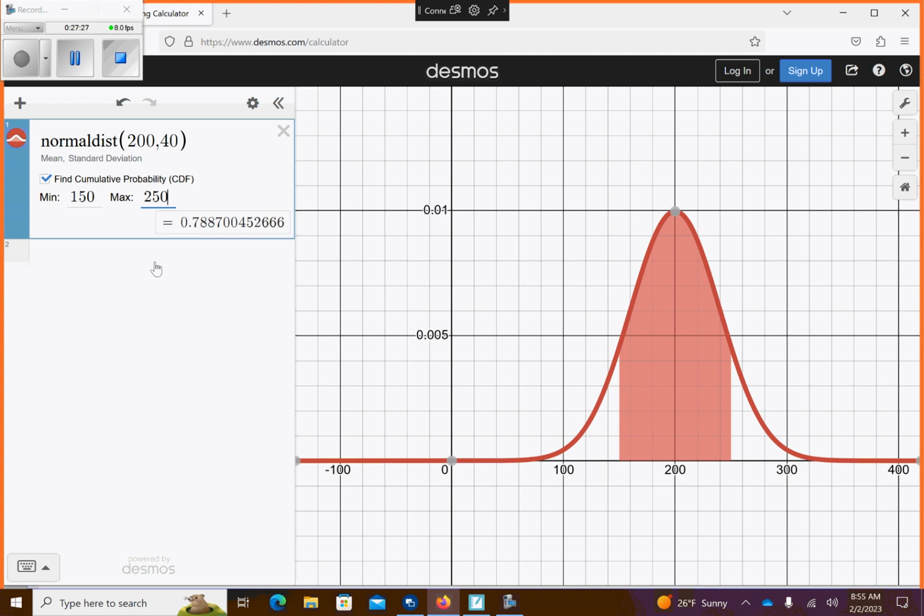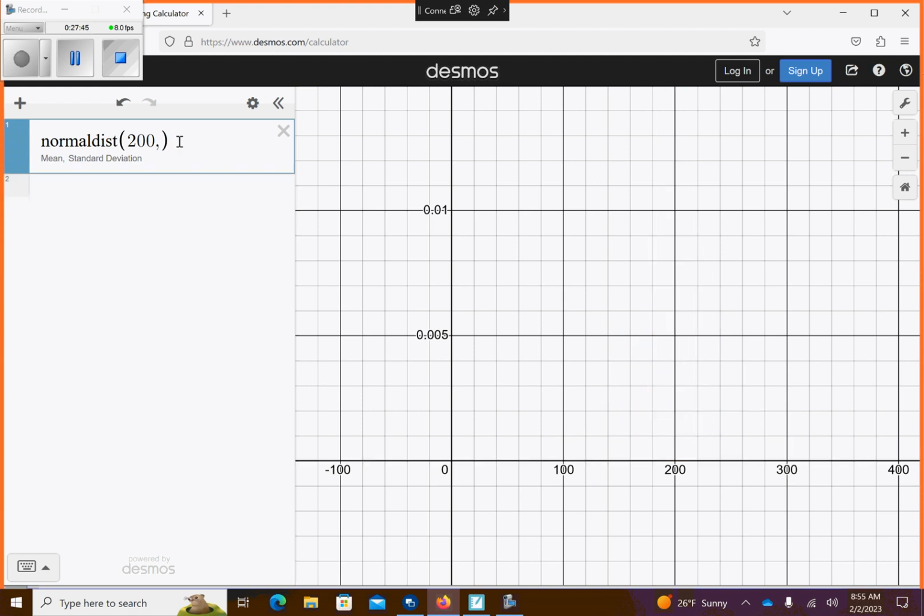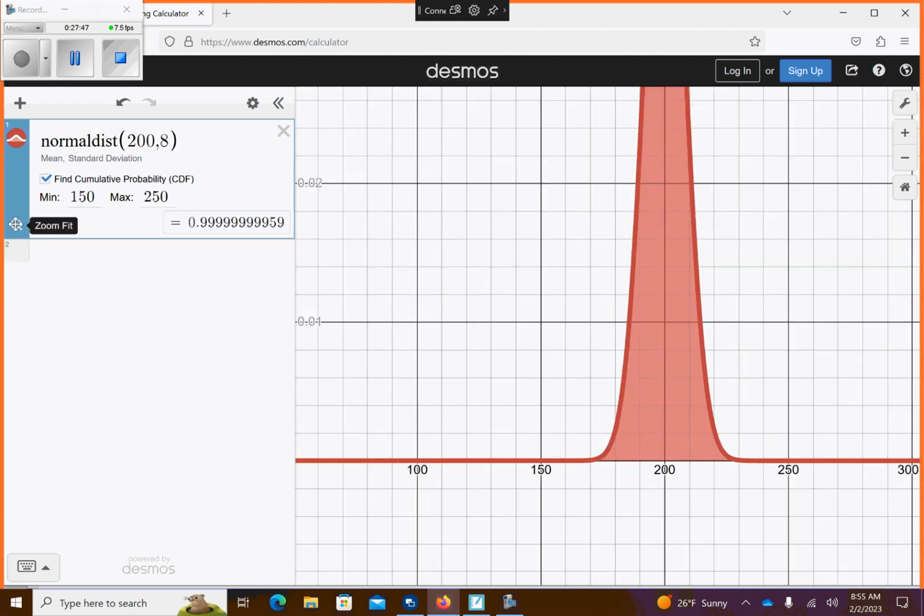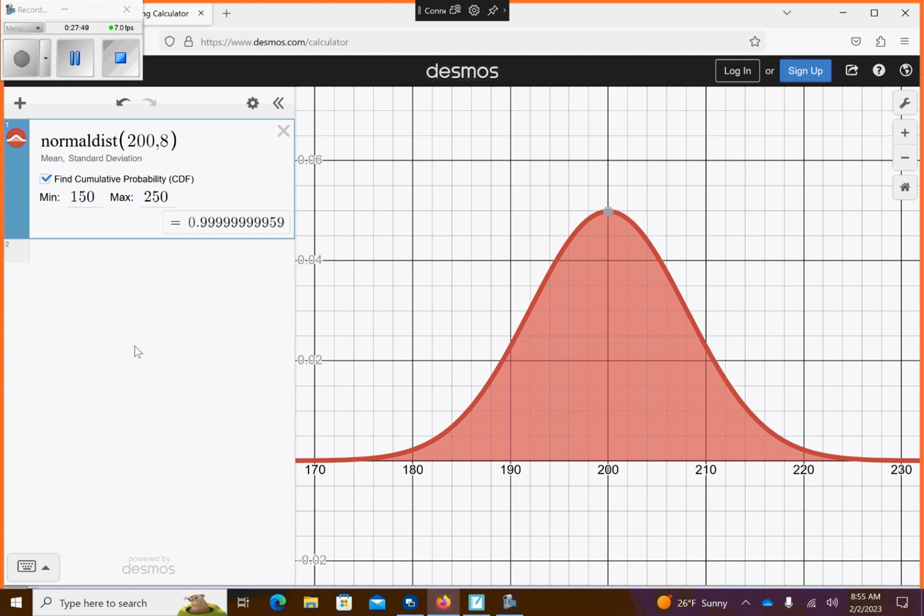And then if we were to change our sample to 25, so we're going to go 40 over square root of 25. What's the square root of 25? 5. So 40 over 5 is 8. So now I'm going to change this 40 to an 8. And that's now what this normal distribution looks like. And then calculate the probability somebody is going to score.